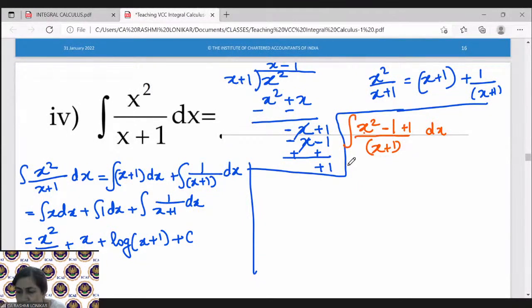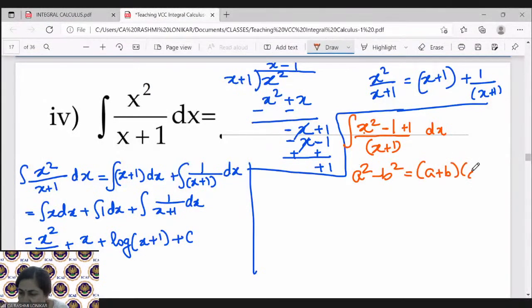Now x square minus 1. Do you remember a square minus b square can be written as a plus b into a minus b? Same thing I'm going to do here for x square minus 1. So I write this as x square minus 1 plus 1, I just put that in a bracket, upon x plus 1 dx.